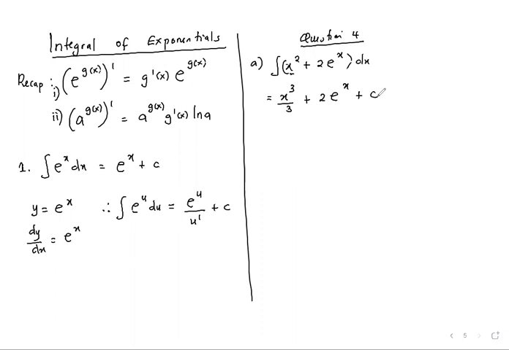Maybe this was too easy. Let's try b, the integral of e to the x plus 2 over x dx. This one, you say, well, I'm integrating e to the x, I'll get e to the x itself, plus to integrate 1 over x, remember we said you get ln. So you have 2 multiplied by ln x. And then you add this.